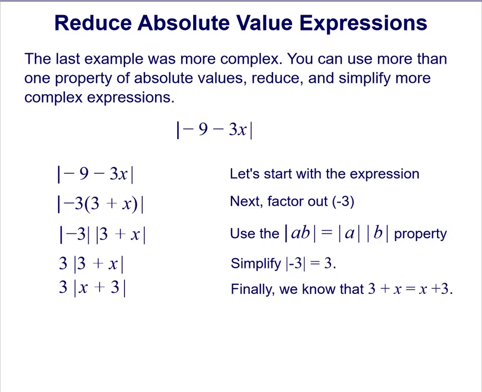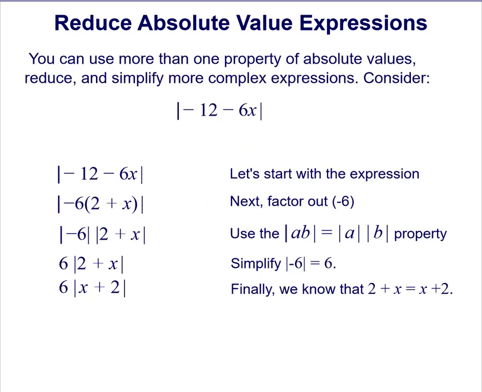Next, I take the absolute value of each product. So I take the absolute value of negative 3 times the absolute value of this algebraic expression, 3 plus x. The absolute value of negative 3 is positive 3. And it says here, we simplify, so the absolute value of negative 3 is equal to 3. And finally, we know that 3 plus x is the same thing as x plus 3. So we were able to establish that this algebraic expression is equal to this algebraic expression.